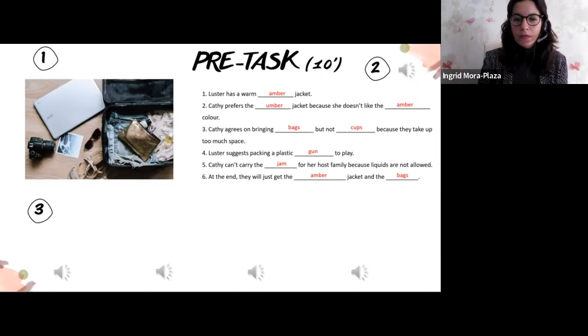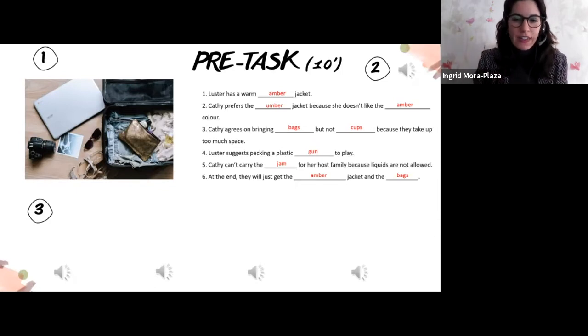Shall we bring bags and caps for the sun then? Sorry, did you say caps? I meant cups. Oh, sorry, I didn't understand you. Finally, would you add a plastic gun to play with? I don't think that's appropriate. We may have problems at the airport. We could bring jam for our host family. I'd love to, but jam contains liquid, so I'm afraid we may get stuck at the security check.